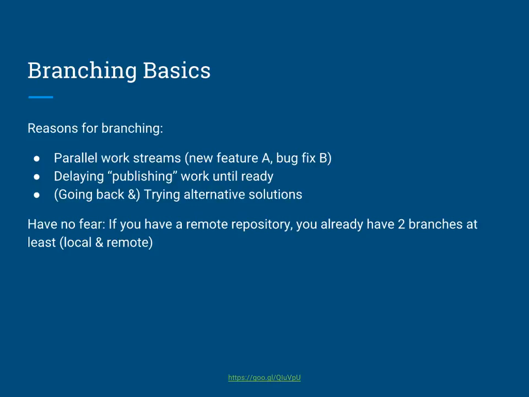So this is actually the second bullet point. You can delay publishing your work until ready. So for instance, in my company, it's the standard that the master branch should always run, should always compile, and all tests should pass. Otherwise, it should not go on master. Now, where do I put it until it's ready to go on master?